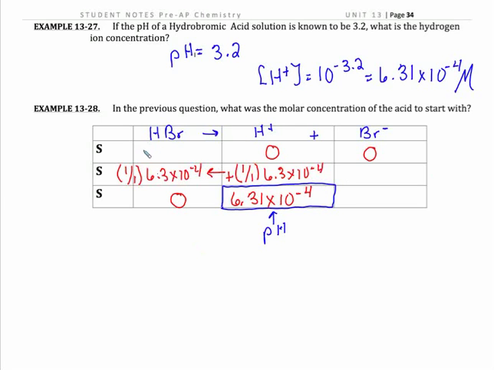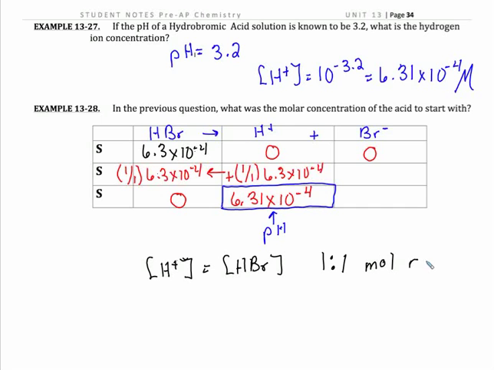So what that means is our original was 6.3 times 10 to the minus 4th. In other words, our concentration of H plus is equal to our concentration of HBr because it's a 1-to-1 mole ratio. If you state that, I will accept that as part of your work. I mean, that's about as simple as we can be with these types of reactions.